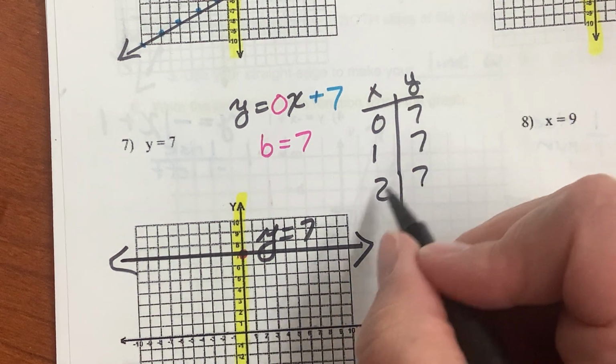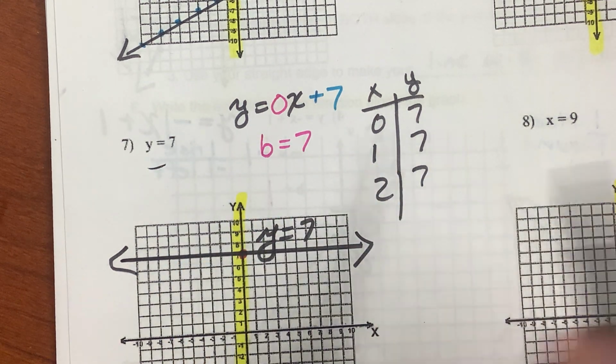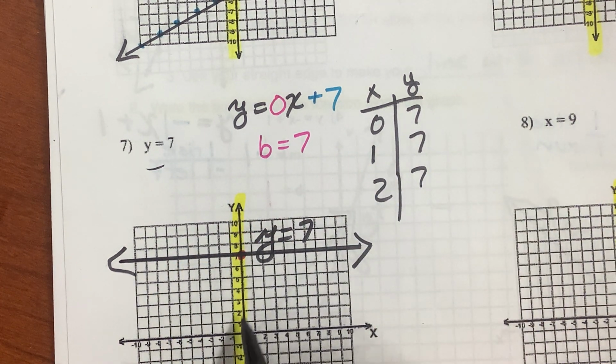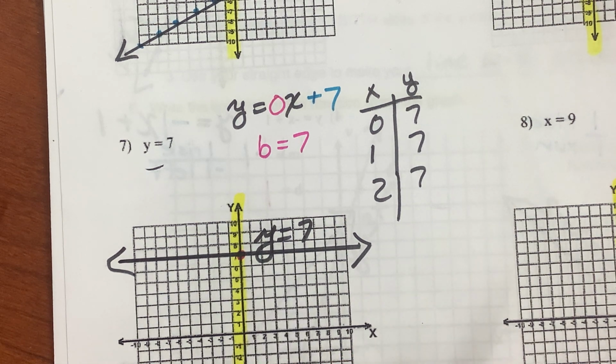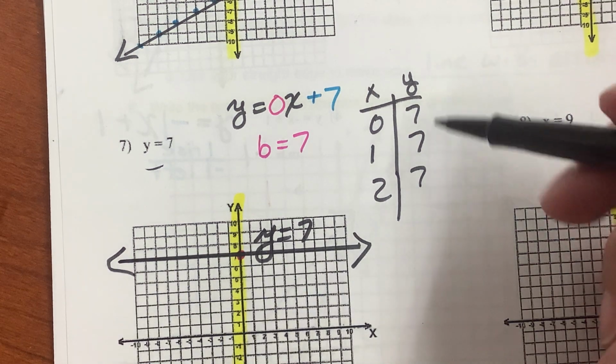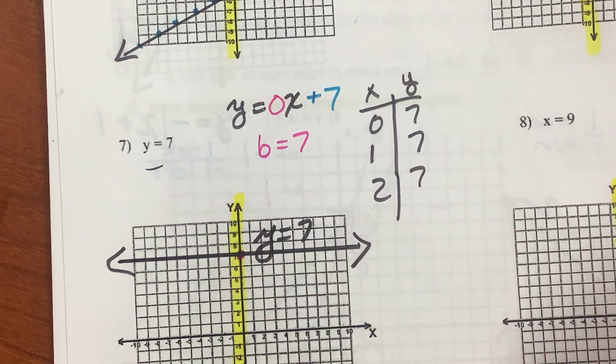It doesn't matter what x is, y is always going to be 7, because that's what it's saying here, y is 7. So a 0 slope means that the y is always whatever it's equal to.